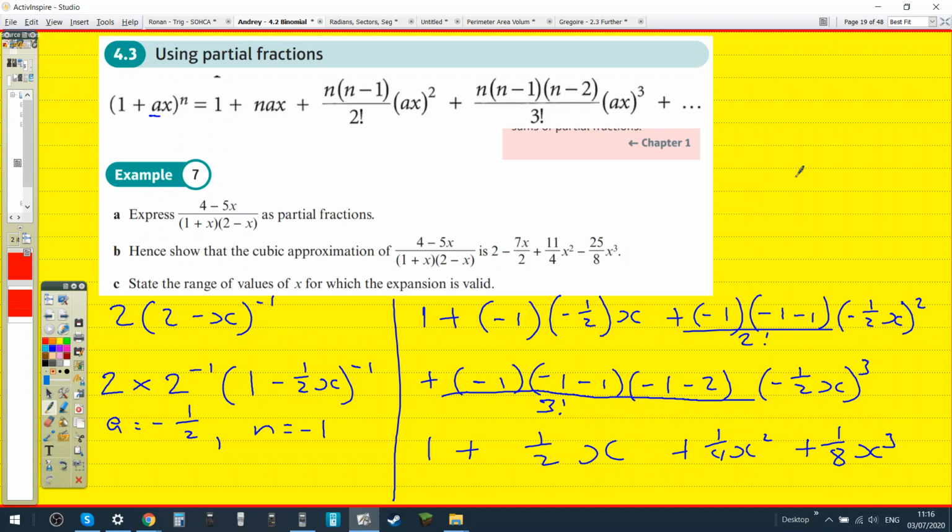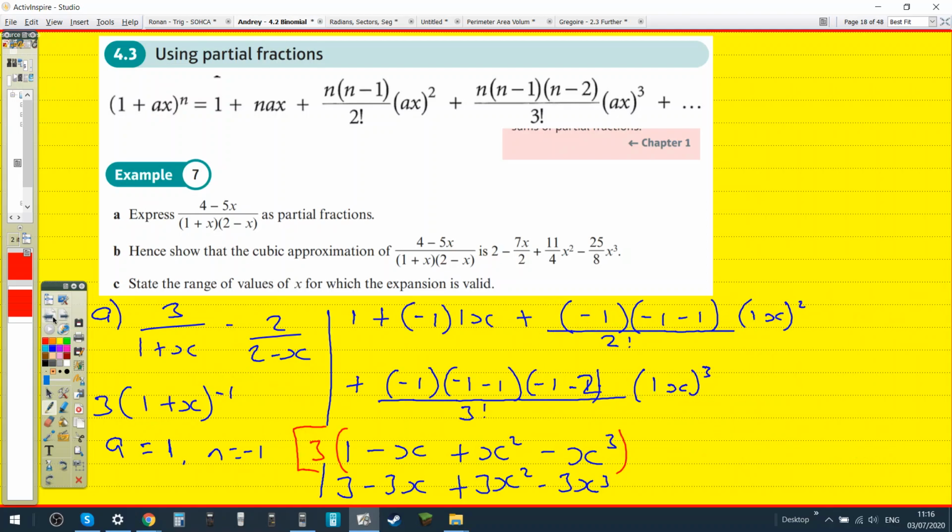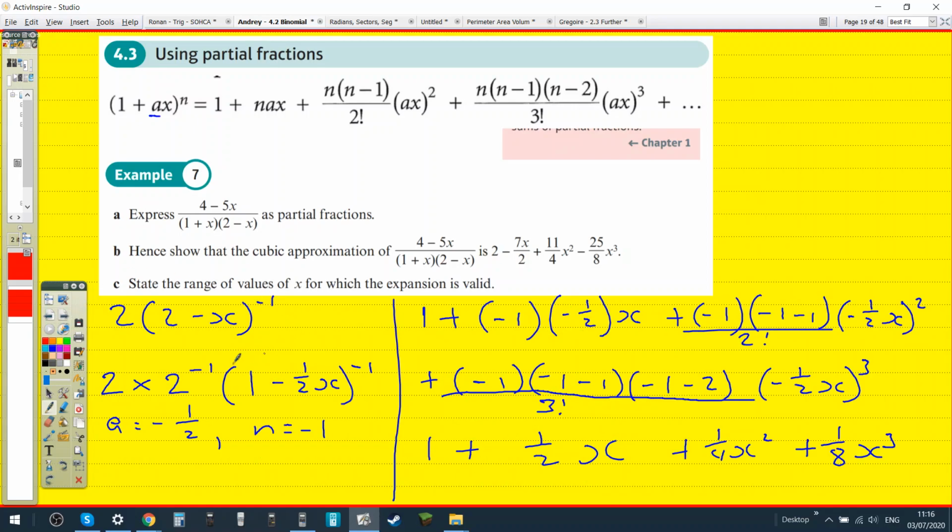And let me see. So that was that one. Our first answer was 3 minus 3x plus 3x squared minus 3x cubed.